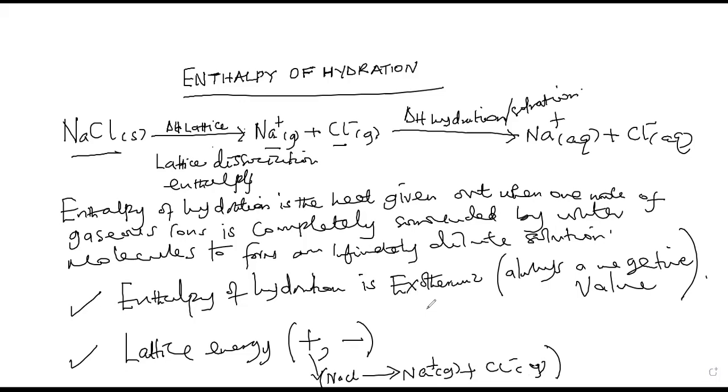That was some clarification in case one was confused. The factors that affect hydration energy are the same factors that affect lattice energy, only the description can be a bit different. So let's look at the factors that affect enthalpy of hydration.